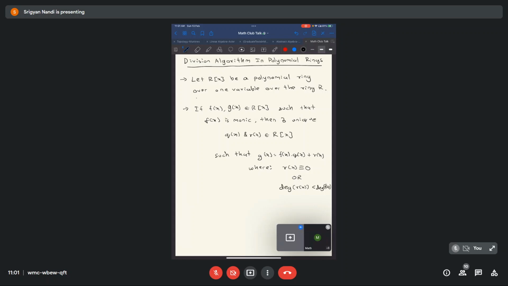Because when we do not have a monic divisor, it means the leading coefficient of the divisor could be a zero divisor also. And this actually hinders the division algorithm.